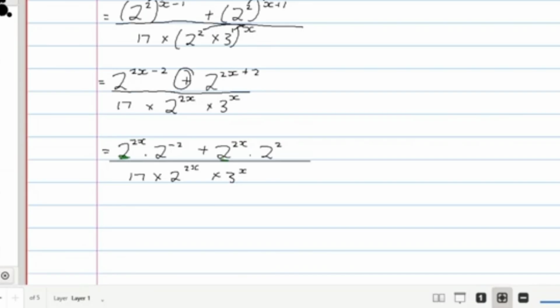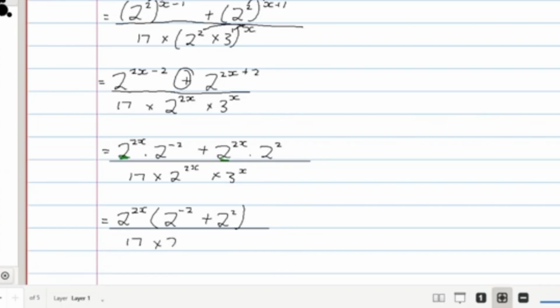Again, there is a common factor on our numerator. You take out the common factor, and then you remain with 2 to the power -2 plus 2 to the power 2. And then on the denominator, you just again copy what you have on the denominator.